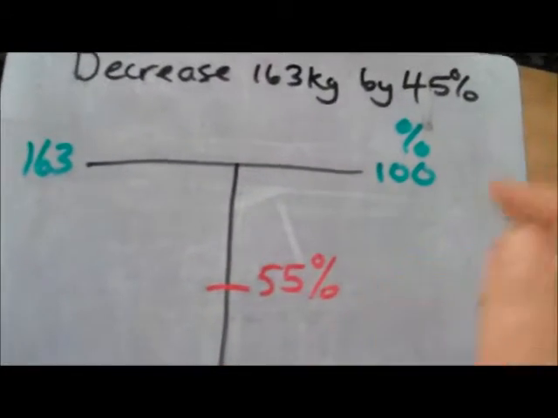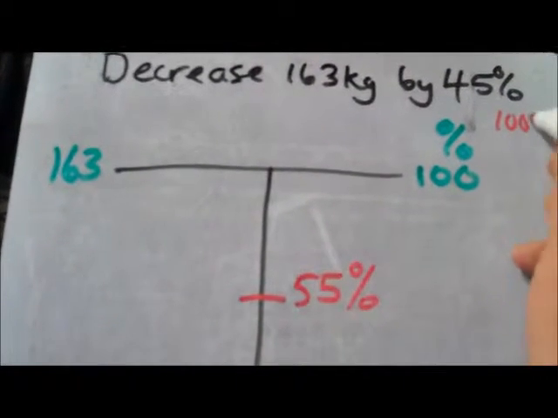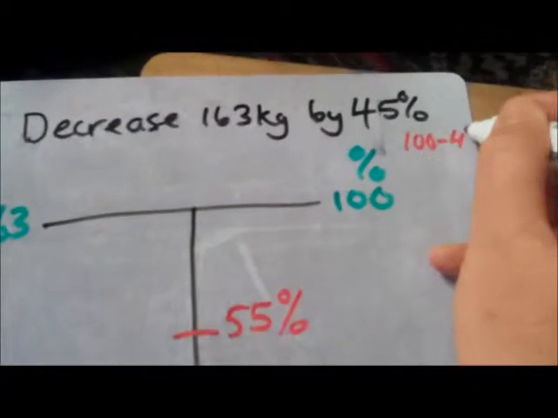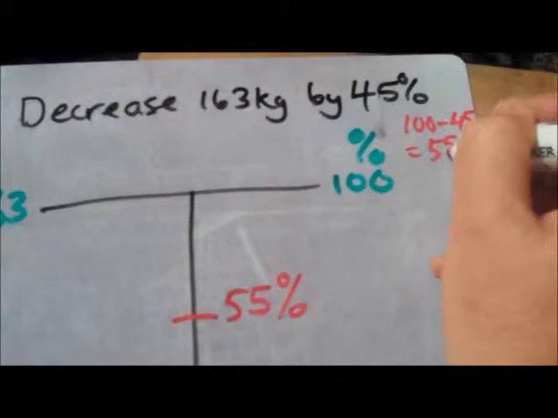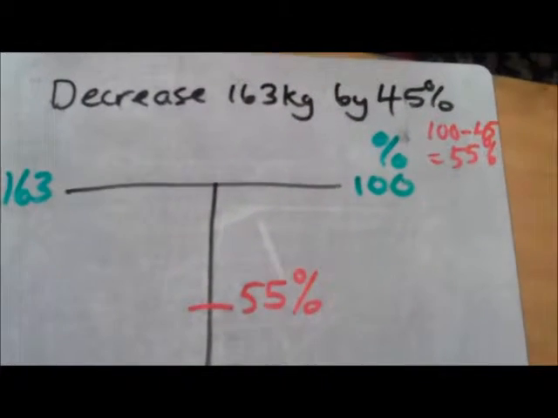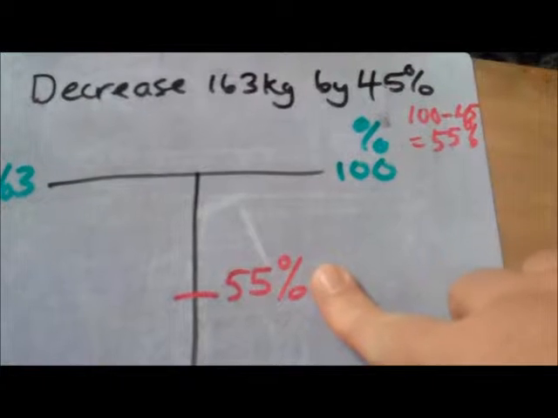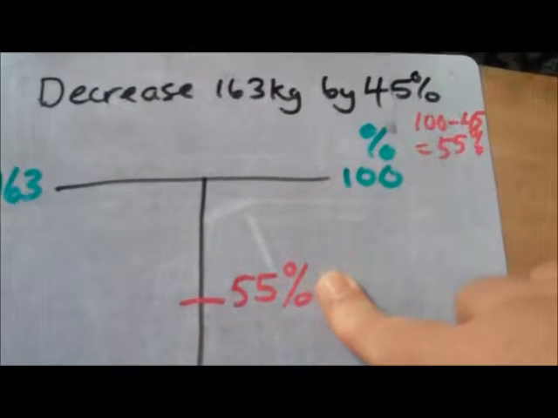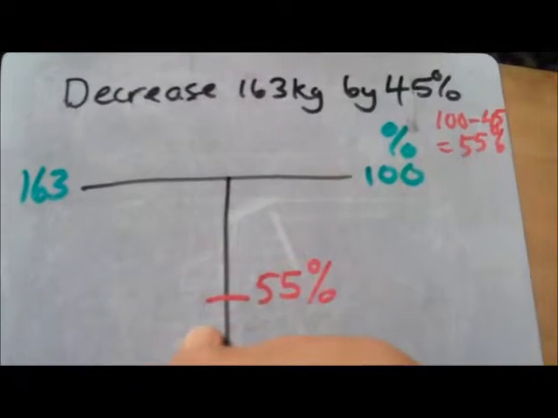So that 55% comes from 100 minus 45. Okay, that's the hardest part, to remember what you've got to do. So if I decrease by 45%, I actually want to find 55% of the original value.